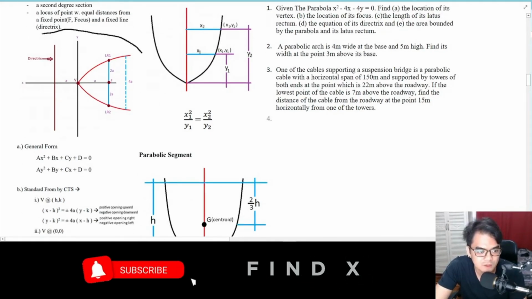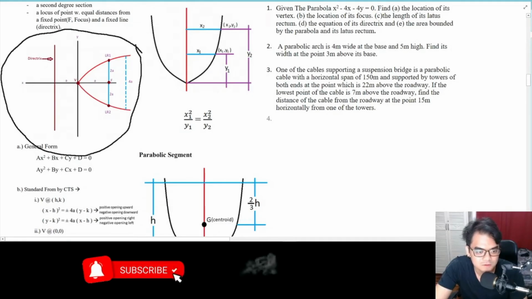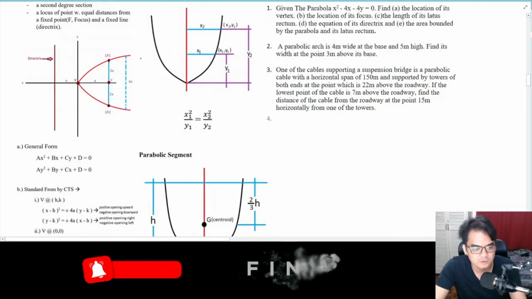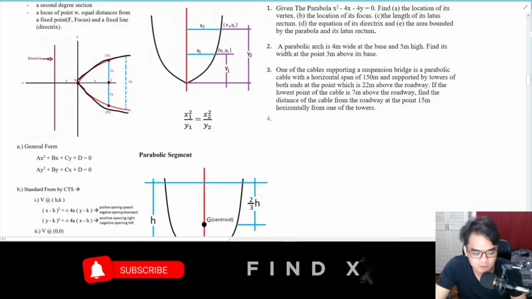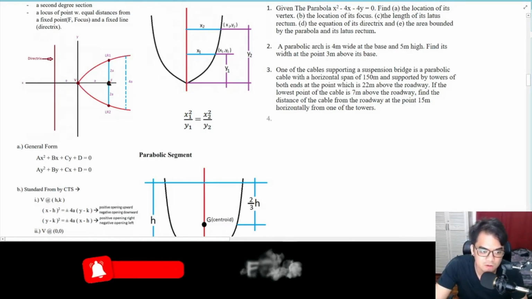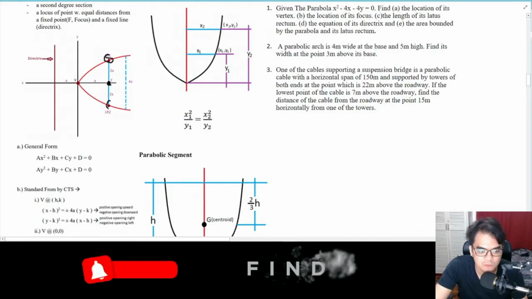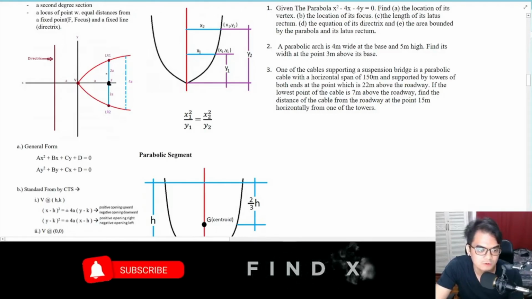For example, we have a drawing of a parabola here. The parabola is the red part, and the focus is here. We have two latus rectum, and the vertex, this one.